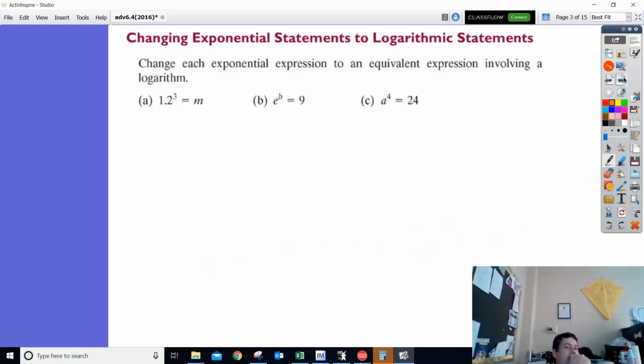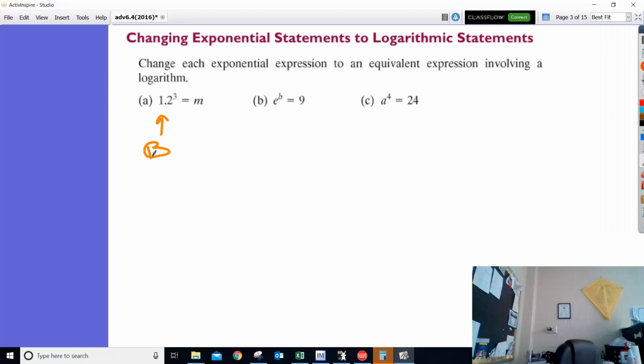And what's probably up next in your notes is a couple of conversions. Change each exponential expression into an equivalent expression involving a logarithm. Now, the first example I do with you, I'll go through and I'll identify stuff. What's that 1.2 represent to you? It's a base. Why is it a base? Tell me how you know it's a base.